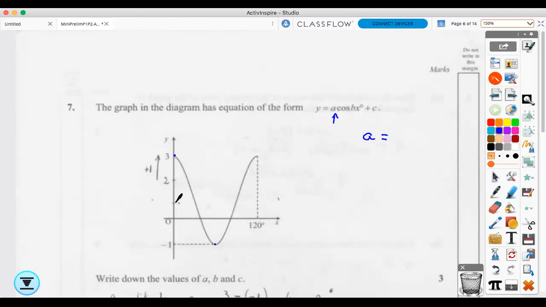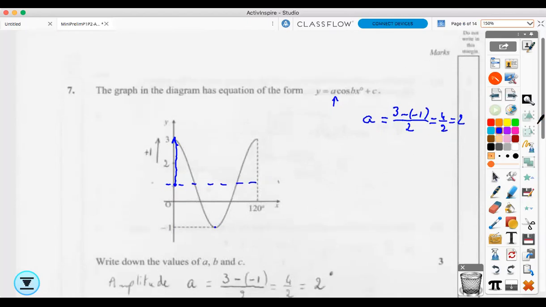And you half it, because your amplitude is taken from the half point right up to the top. So you can say, okay, I've got 3 minus -1 over 2, which is 4 over 2, which is 2. So you can write it like that.